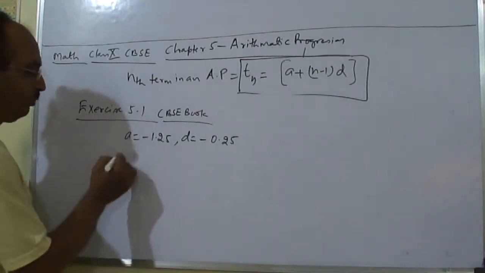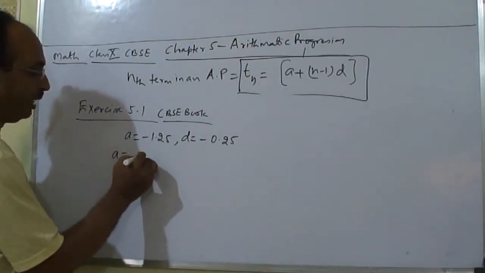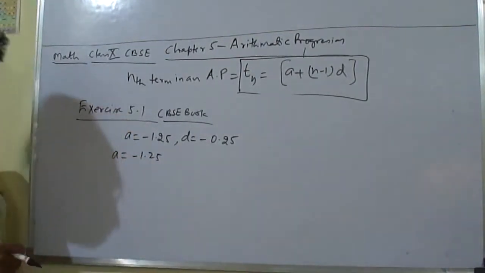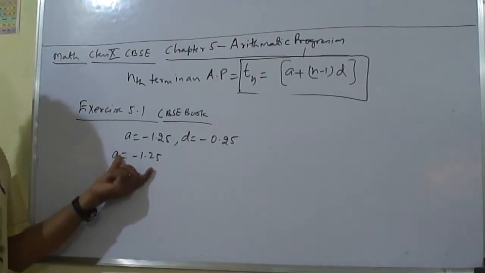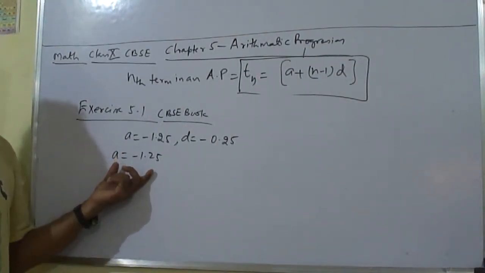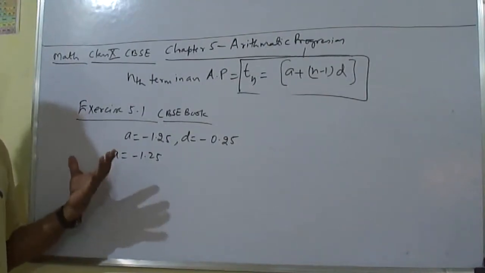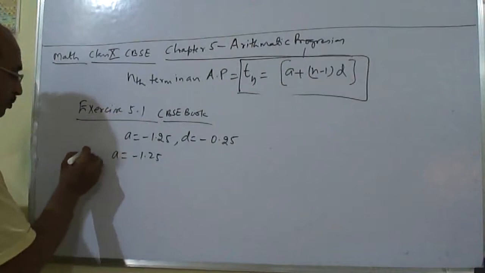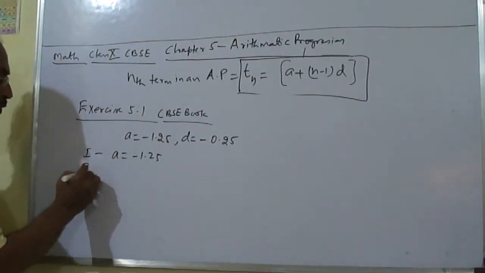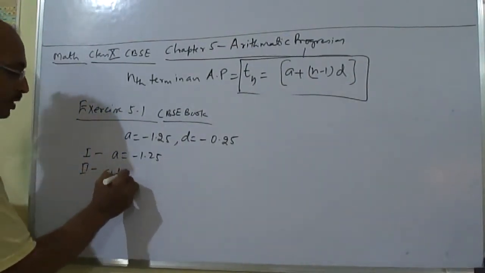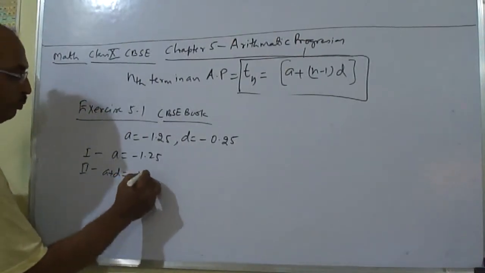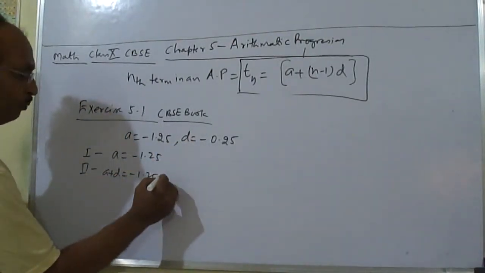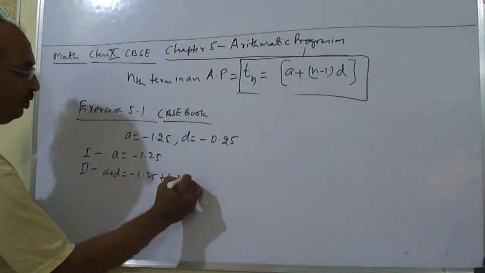Let us find out. You know that first term A is equal to minus 1.25. Here we need to find less number of terms, only 4 terms. So first term is this one. Second term will become A plus D, so minus 1.25 plus minus 0.25.